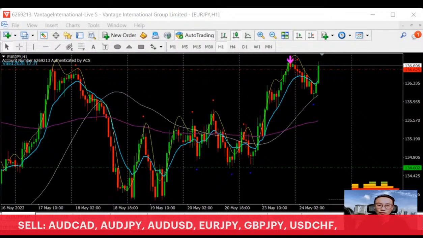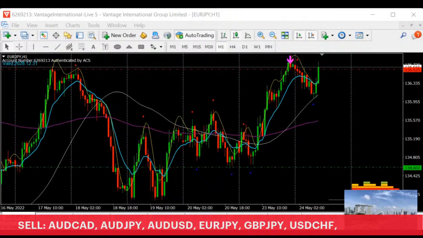Euro yen is still on the move. Let me take a look over here. Okay, refresh. So the previous was actually 54.6 and the forecast was 54.1.